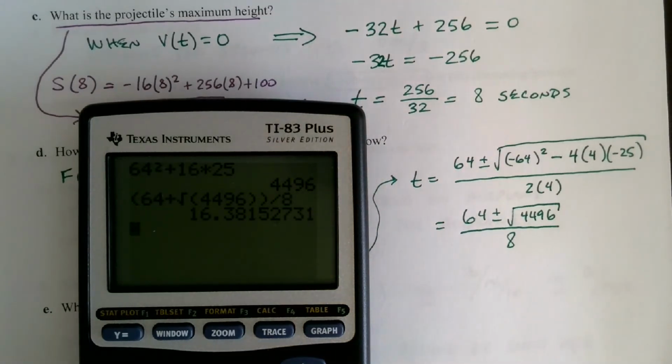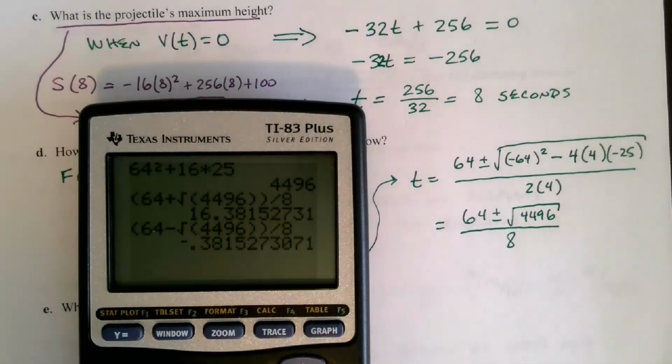The other one would be minus. Of course, that root is a negative number, and remember the time, we're starting at time 0, so the negative answer doesn't make sense. Time has to be greater than 0.